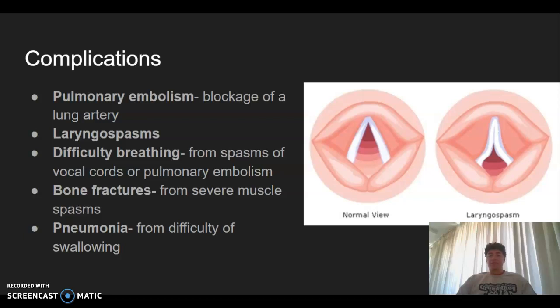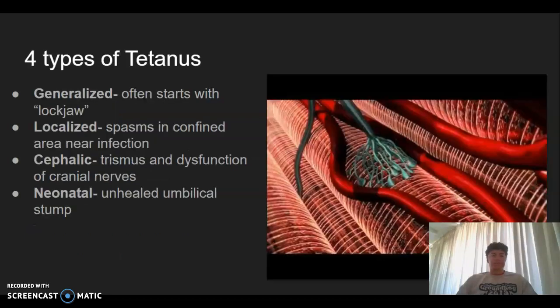And both these things, pulmonary embolism and laryngospasms, can ultimately lead to difficulty breathing and death. Bone fractures can take place from the severe muscle spasms, and pneumonia can also happen from the difficulty of swallowing, whereas the saliva drops down into the lungs and can cause infection.